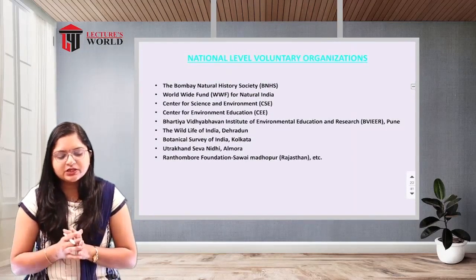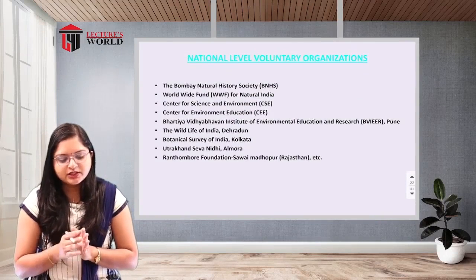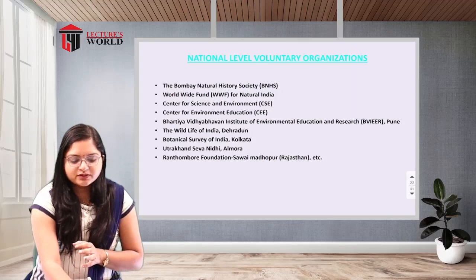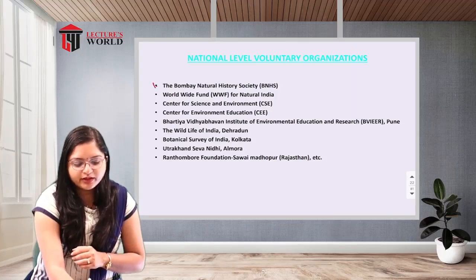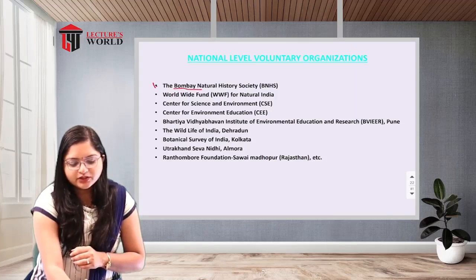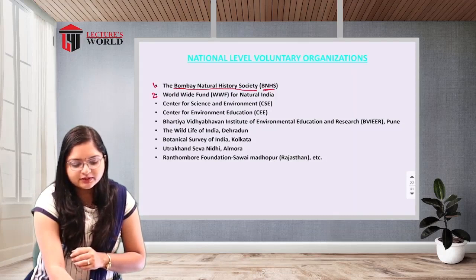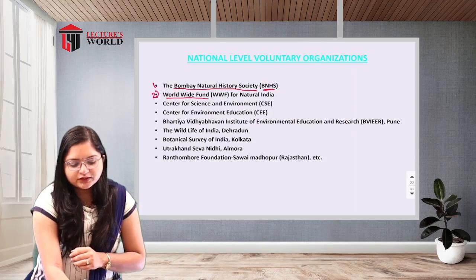So these are the national level voluntary organizations who are working nationwide. The first is the Bombay Natural History Society, which is known as BNHS. The second one is the World Wide Fund, that is WWF for Nature India.